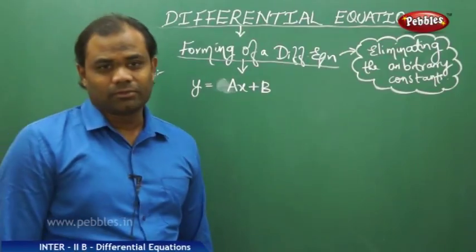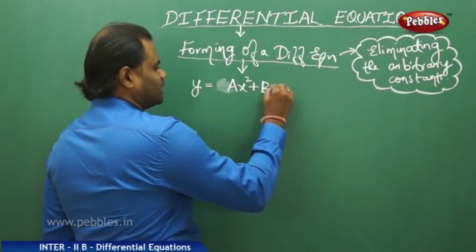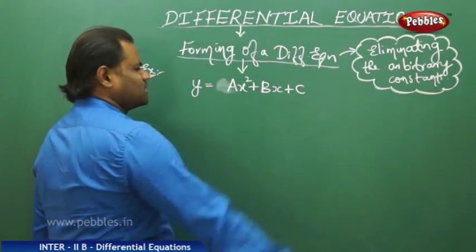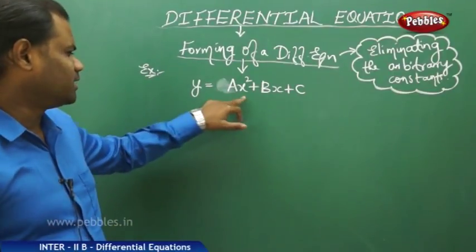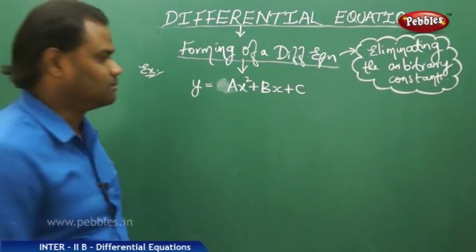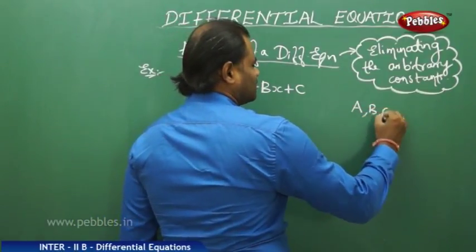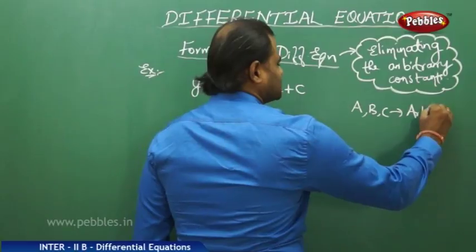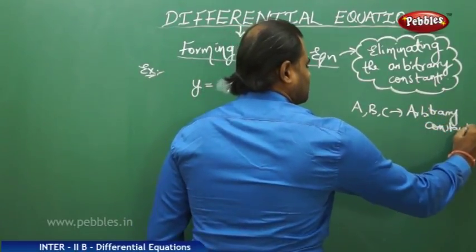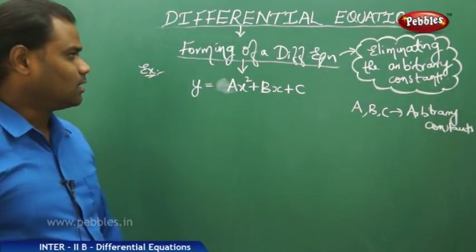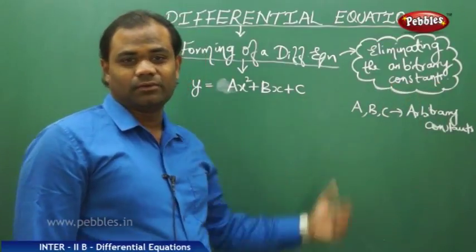Now this equation has two arbitrary constants, or let me take y equals ax squared plus bx plus c. So this equation has three arbitrary constants, a, b and c. So here a, b, c are the arbitrary constants. So our target now is to eliminate a, b, c, the arbitrary constants of the equation.